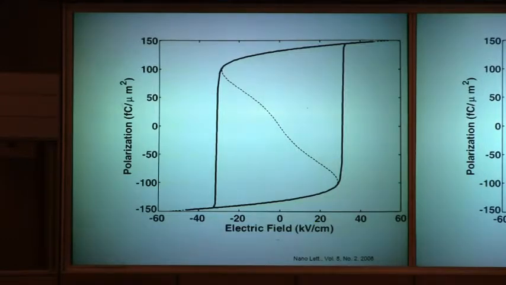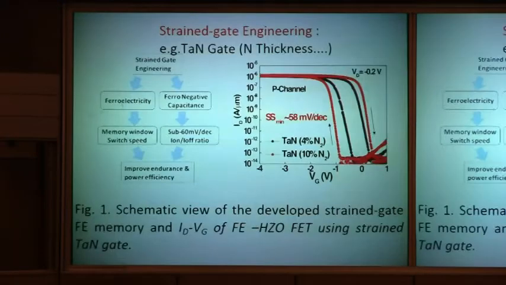So we can make a negative capacitance if we can make this kind of hysteresis polarization. The issue is how to make a polarization curve like this. That's the key issue.